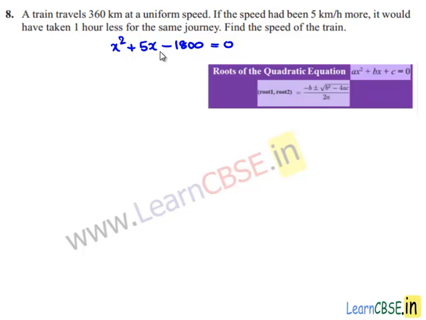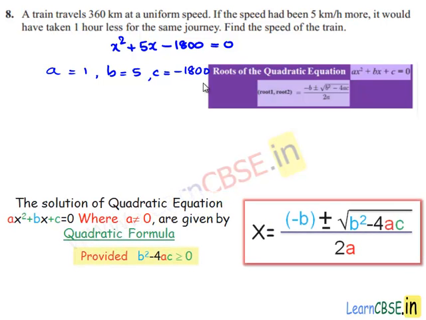On comparing this equation with the standard equation ax square plus bx plus c is equal to 0, we get a is equal to 1, b is equal to 5 and c is equal to minus 1800. So the roots are minus b plus or minus square root of b square minus 4ac divided by 2a.